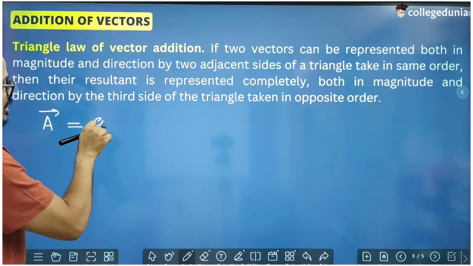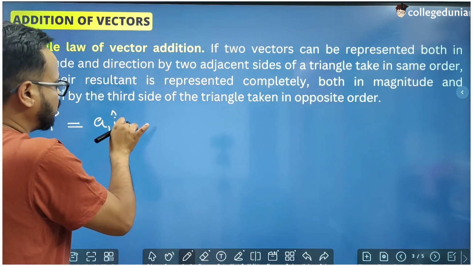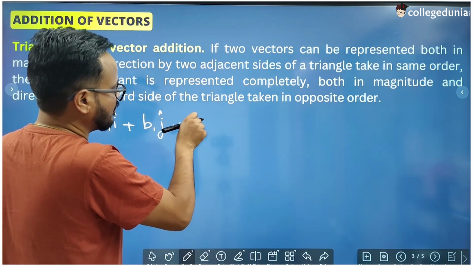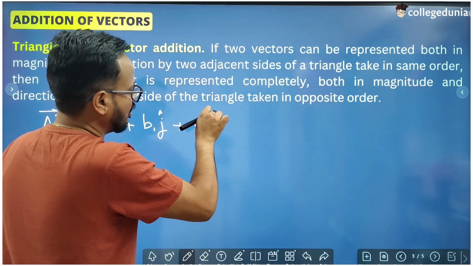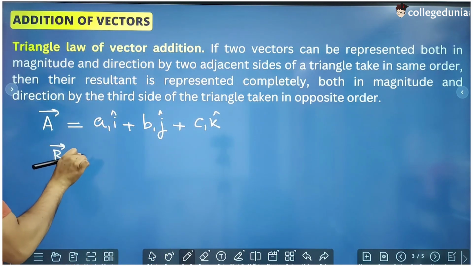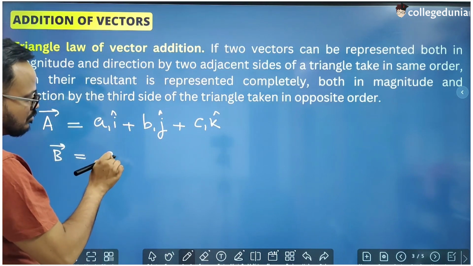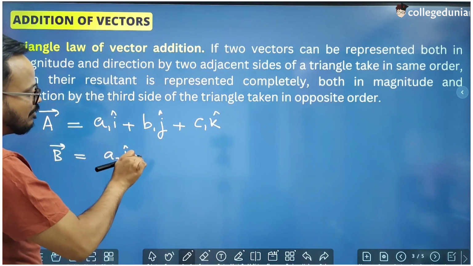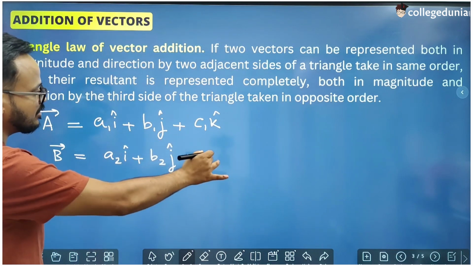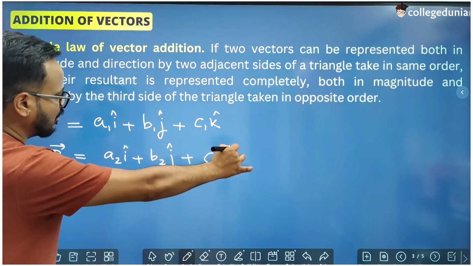Suppose the first vector is a1 i cap plus b1 j cap plus c1 k cap, and the second vector is a2 i cap plus b2 j cap plus c2 k cap.